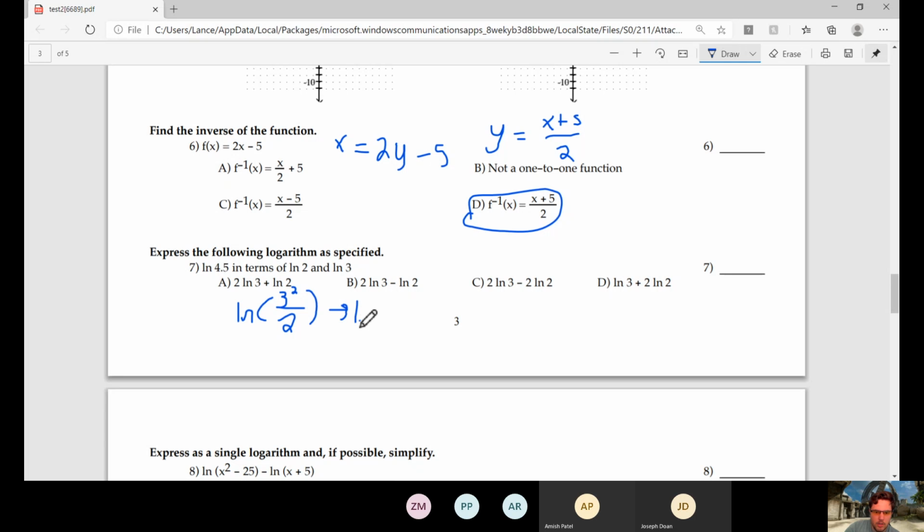So you end up with natural log 3 squared minus natural log 2. Because with the property of the natural log, when they're divided inside of there, you can subtract them from each other. And with this next property, you can move the 2 in front of it, so it turns into 2 natural log 3 minus natural log 2. Any questions on this one?